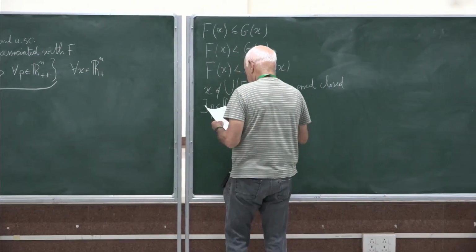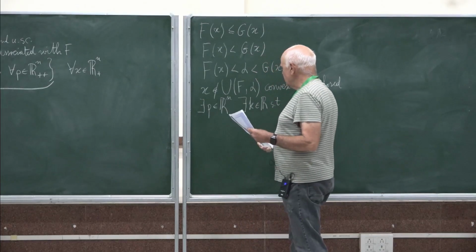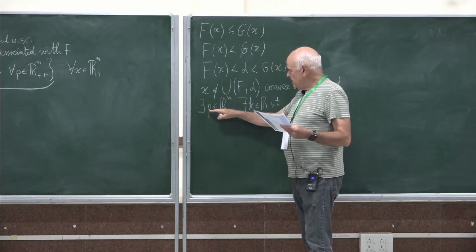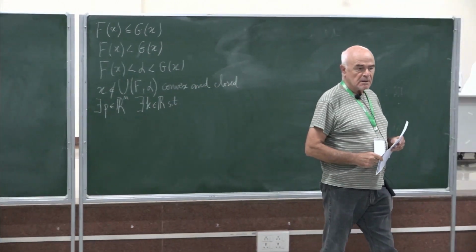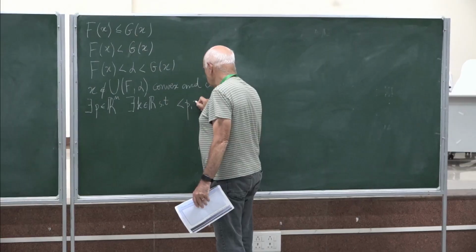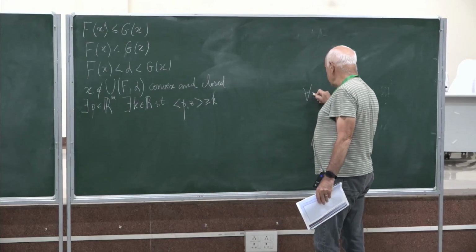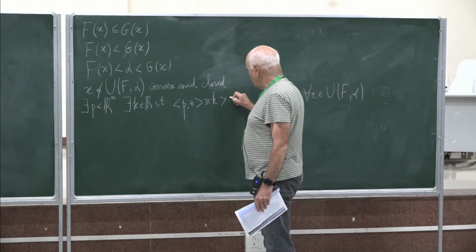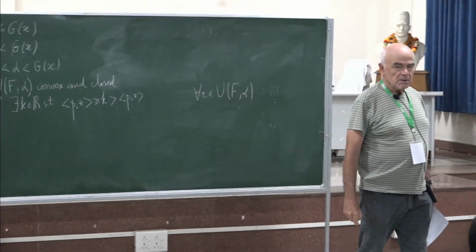And there is a number K such that the hyperplane, let's say Pz less than or equal to K, contains this upper level set but does not contain X. So this is true for every Z in U of F alpha, but it's not true for X. It separates X from the upper level set. Clear?